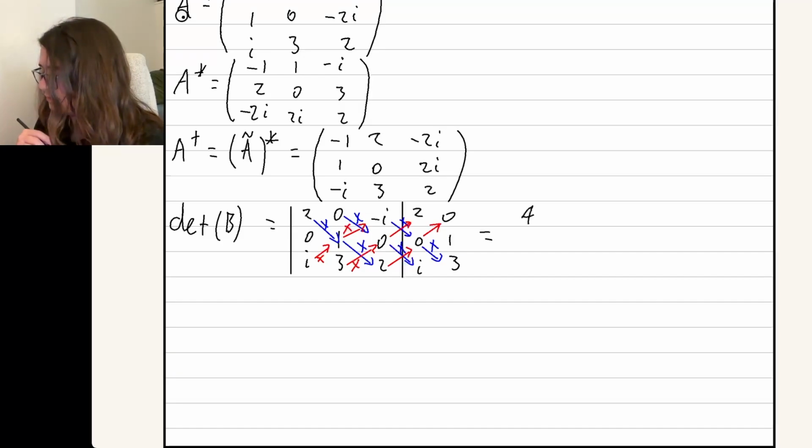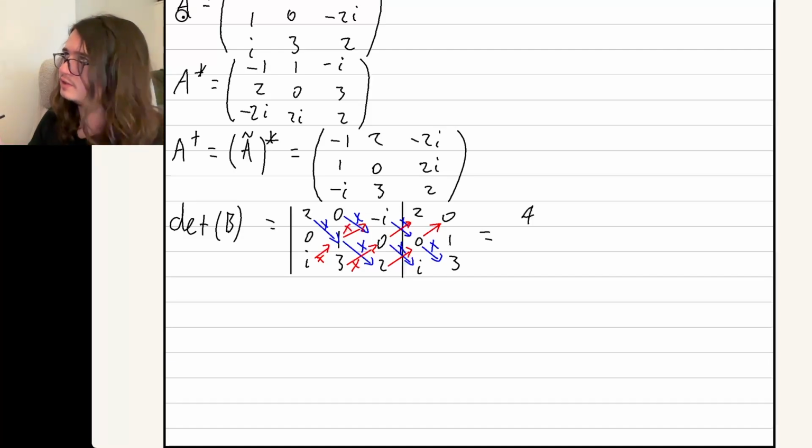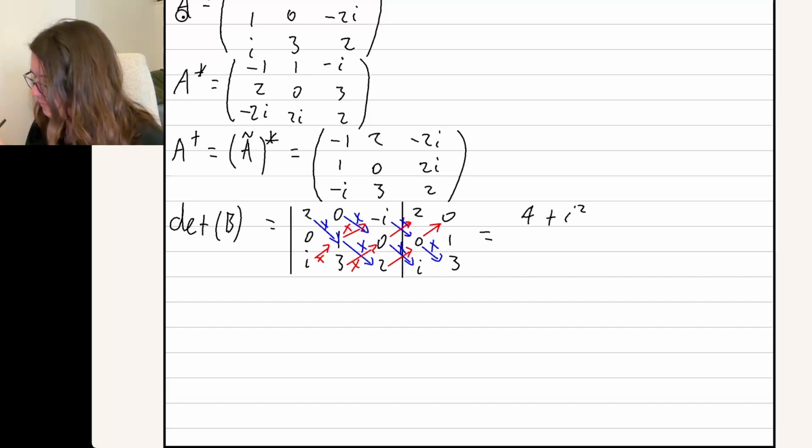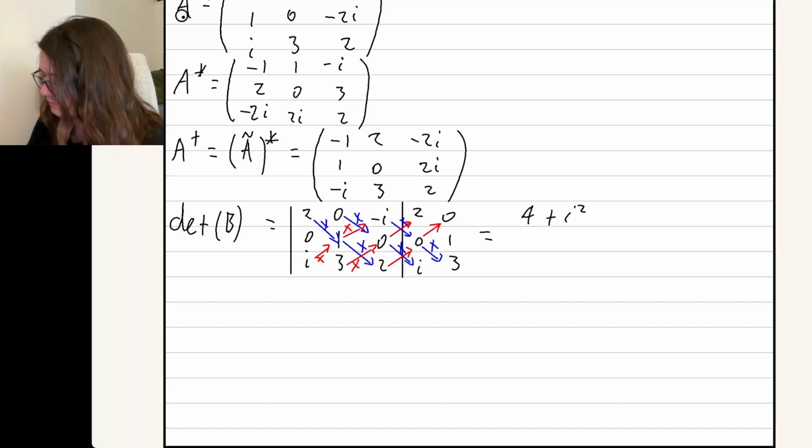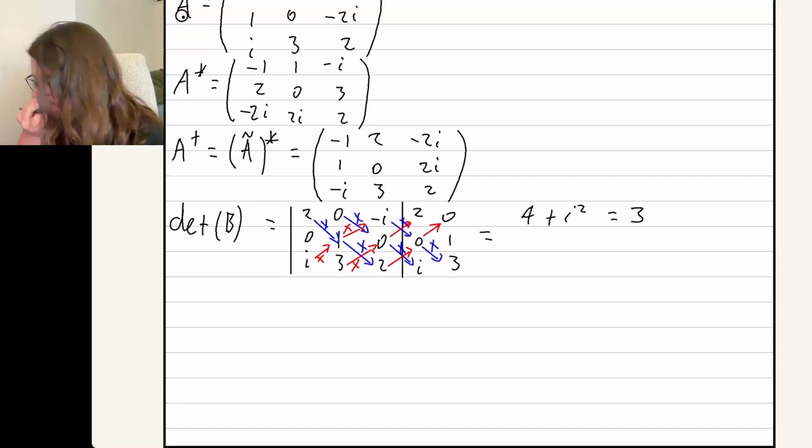But then we have to subtract this multiplication off from the first one. So minus I squared, so plus I squared. And then this is 0 because there's a 0 in there, and same with here. So the determinant is just 4 plus I squared, which is 4 minus 1, which is 3. Right.